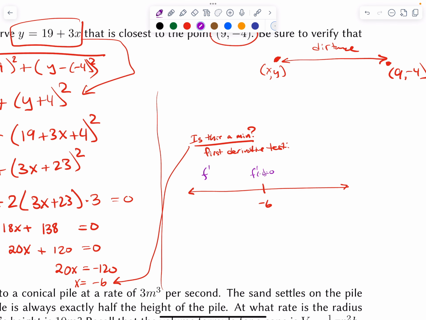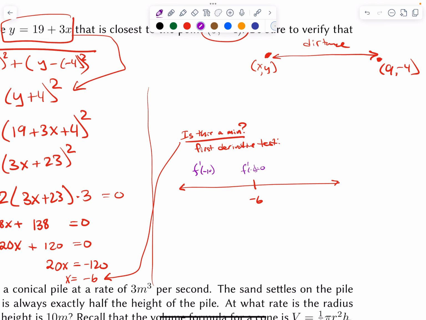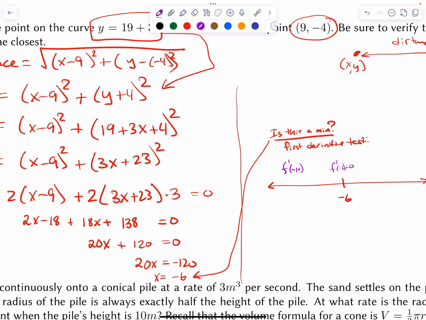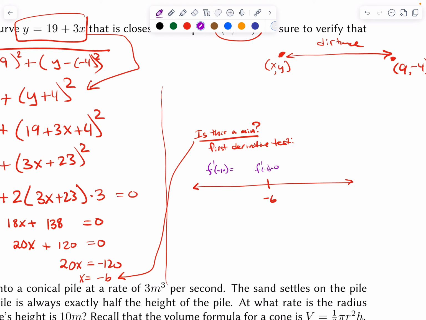What about f prime of something less than negative 6, like negative 10? Well, f prime of negative 10 looks like that's going to be negative 80. So this is decreasing over here.